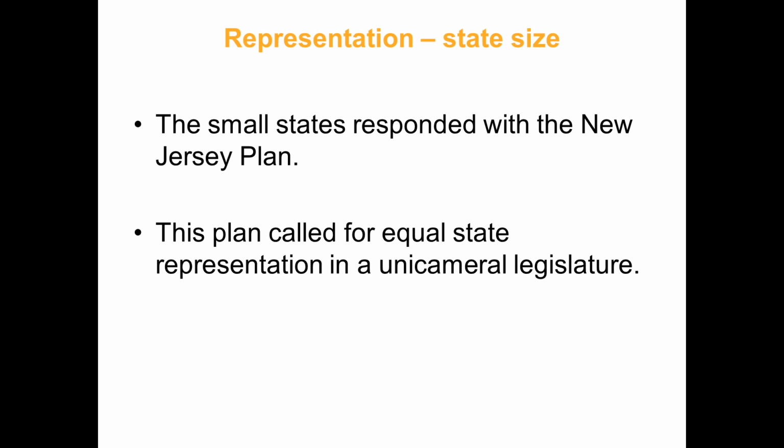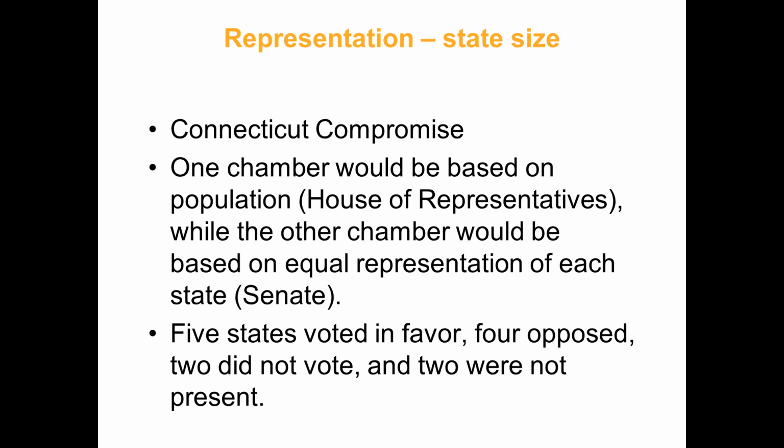So this would have basically given small states with relatively few people the same degree of influence on the national government as the larger states with comparatively a lot of people. So you have these two opposing plans, New Jersey and Virginia, really at opposite ends of the spectrum.